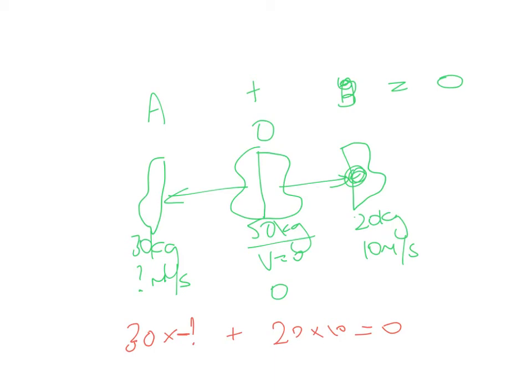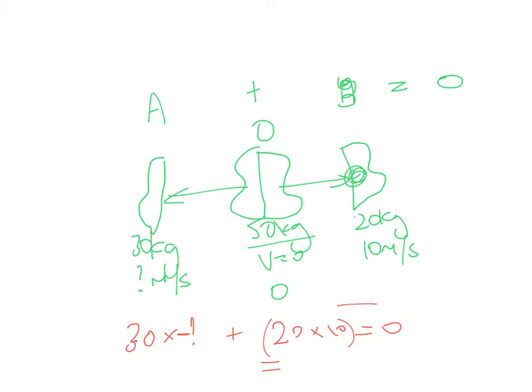Okay, so let's say we move 1 to the other side. So we get an equal sign there. 20 times 10 is equal to 200.